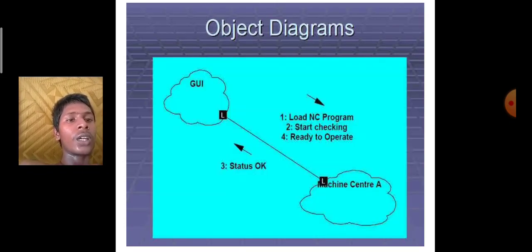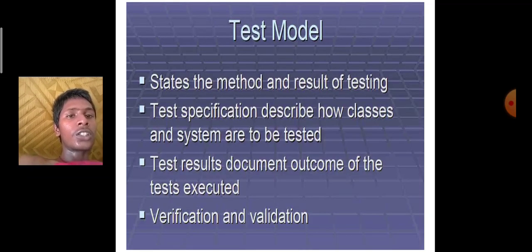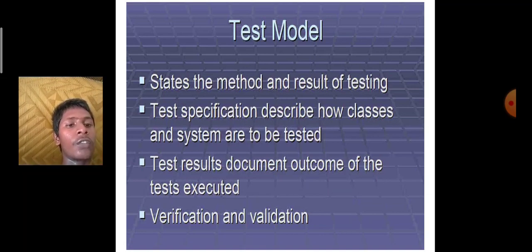Object diagrams: GUI loads NC program to start checking; ready to operate; status of OK; machine center A. Test model states the method and result of testing. Test specification describes how classes and the system are able to be tested. Test results document the outcome of the tests executed, verification and validation.